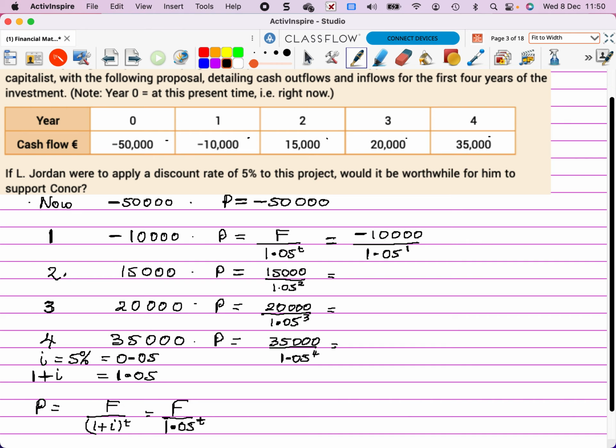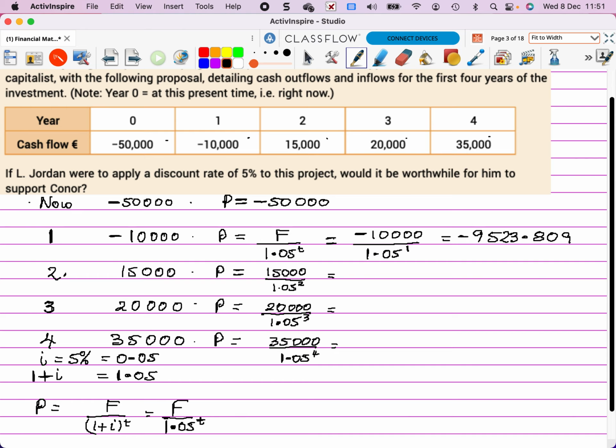Now, the first one is equal to, by my reckoning, minus 9,523.809. I think I might write that moving forward to just one decimal place.